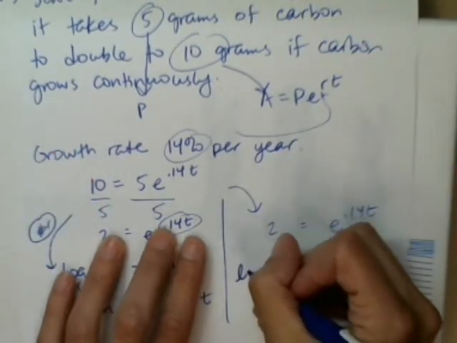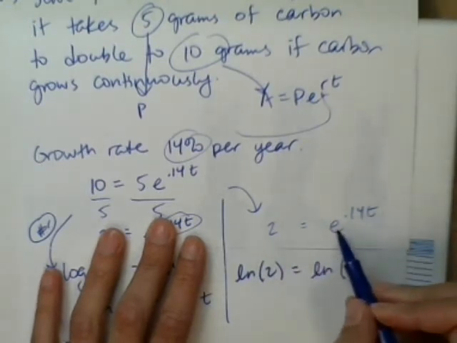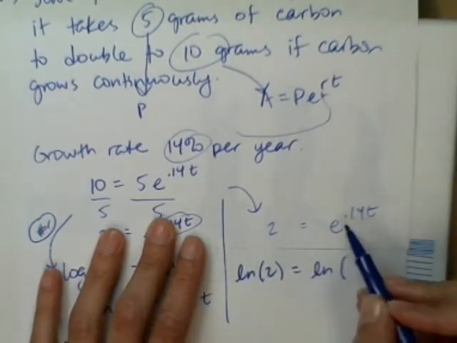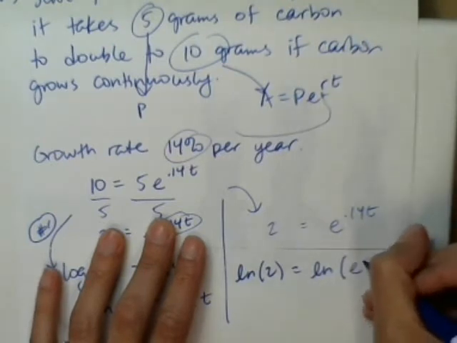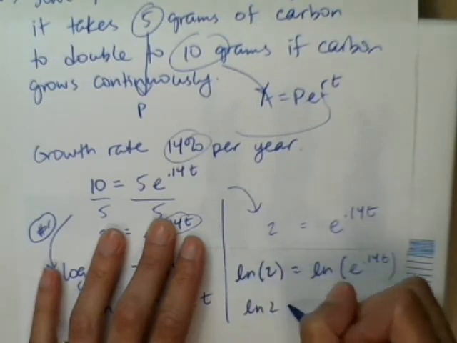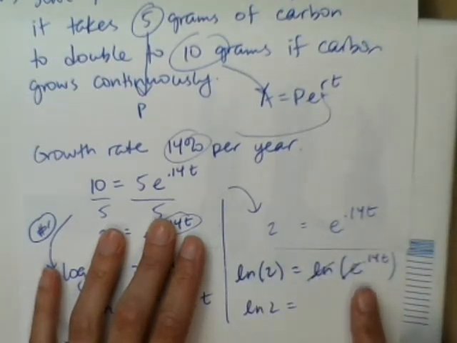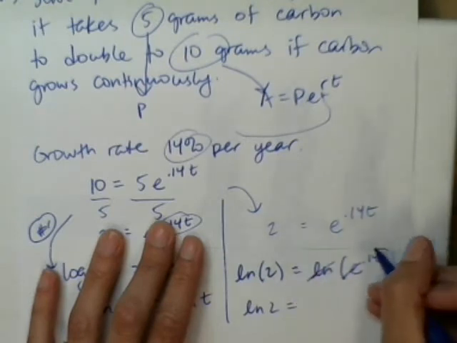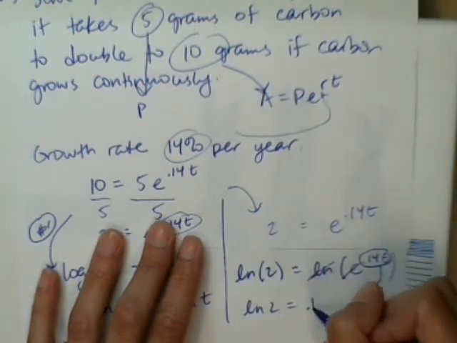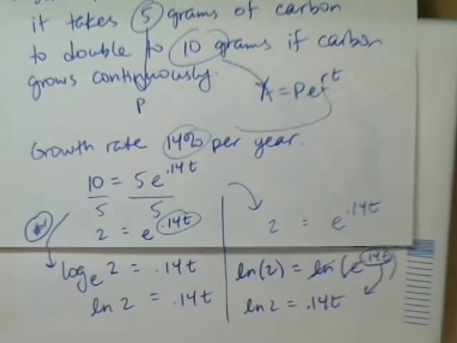If I apply the natural log on both sides, the natural log and the exponential base e, their bases match, so they turn out to be inverse functions. So I get the natural log of 2 on one side, the natural log and the exponential base e cancel each other out, just like addition and subtraction would, or a cube root and a power 3, and down comes the 0.14t. However you get there, you're going to end up with the same value.